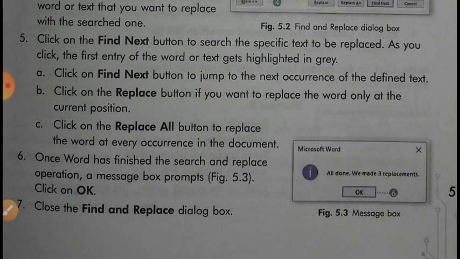Once Word has finished the search and replace operation, a message box prompts. You have to click on the OK button and then close the Find and Replace dialog box.